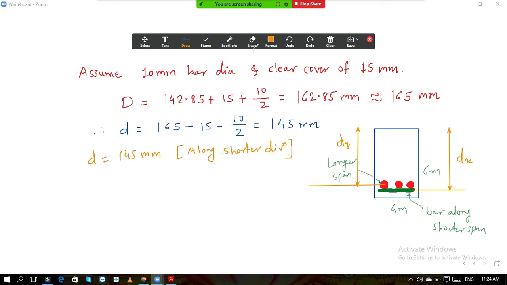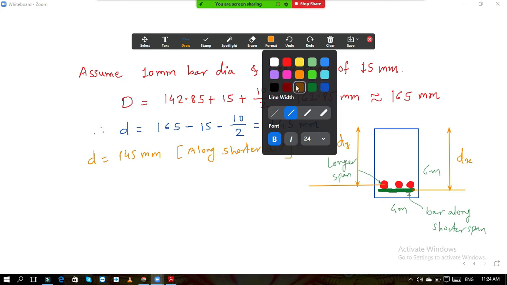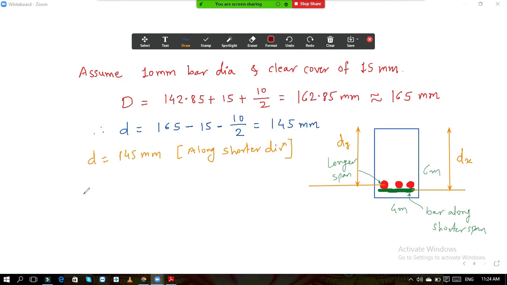Okay. Now effective depth along longer direction, if I want to calculate, then again d is equal to how much it is. See, this total depth we need to consider. So this total depth is 165, minus this clear cover, which is 15 mm, and you will again minus this bar, okay, because this is the bar in shorter direction.